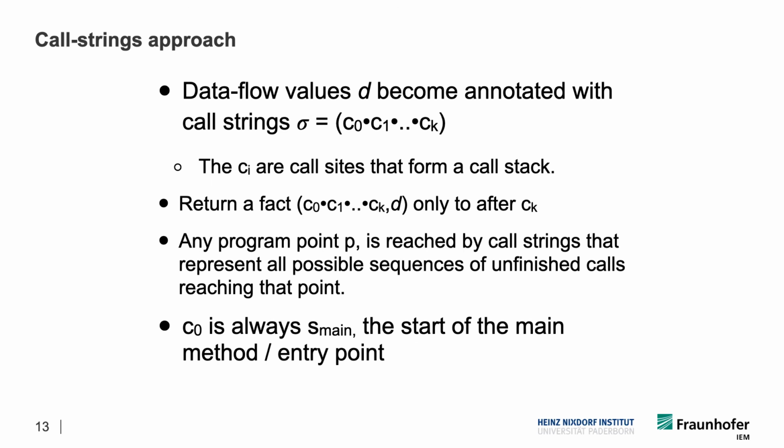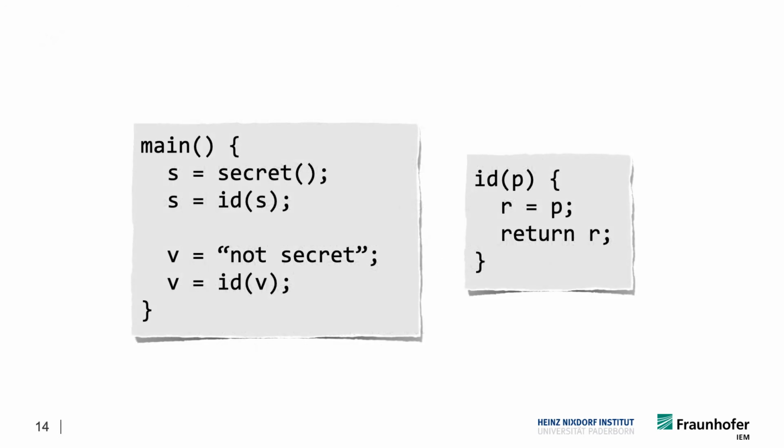C0 is always the starting point of the main method. And frequently this will also be omitted in actual representations because it's always the same, so you can model that implicitly. That doesn't really matter. Let's take a look at an example program.